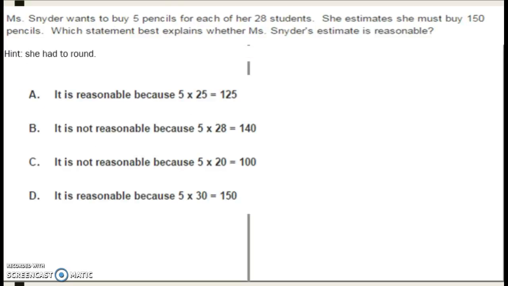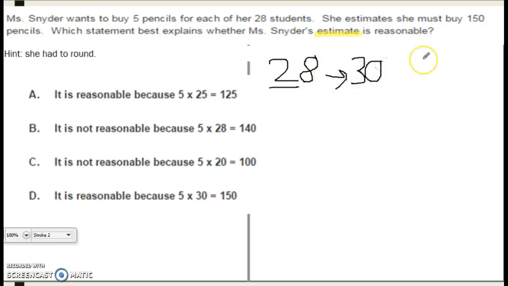Ms. Snyder wants to buy 5 pencils for each of her 28 students. She estimates she must buy 150 pencils. Which statement best explains whether Ms. Snyder's estimate is reasonable? Okay, so again, this is an estimate. So what you would need to do is take 28 and round it to the nearest tens place. 28 rounds to 30.